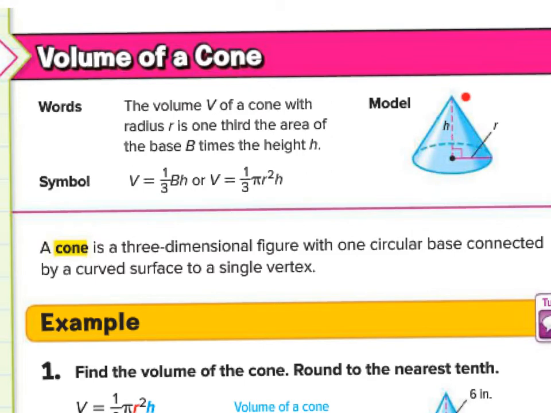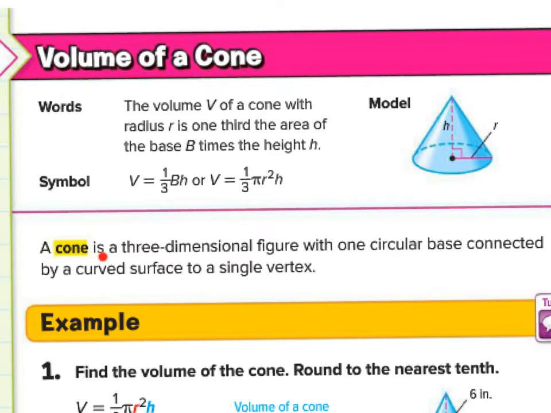Essentially 1/3 of the area of a cylinder, right? And there it is, 1/3 base times height, or simply 1/3 area of a circle times the height. You see that? And that's the one that I typically like to use.